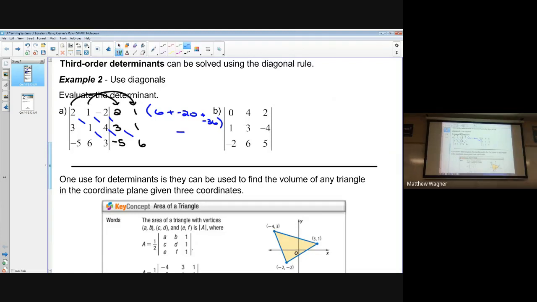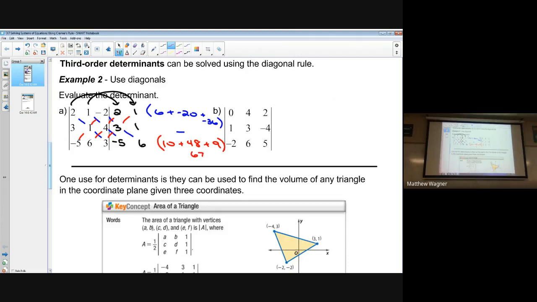We're going to subtract from our diagonals going the other way. 5, 1, and negative 2 is 10. 6, 4, and 2. 24 times 2 is 48. And then 3, 3, and 1 is 9. So we multiply down our diagonals to find that sum, multiply up the diagonals, and go from there. If you notice, we have 58.